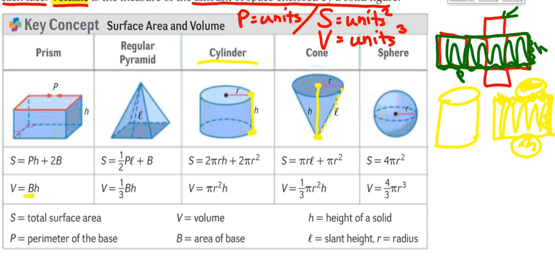You don't need this height except for the volume there, and they didn't draw it in, but it also would go to the middle of the bottom, and the height of this one is all the way up and down. And so if I use a pencil and these little blue ones, I can kind of identify the height. It's where my pencil would go right to the middle, and they all have little holes in them to kind of see what happens there. And so that's all things.